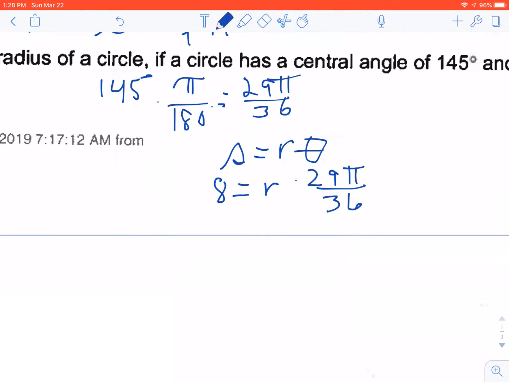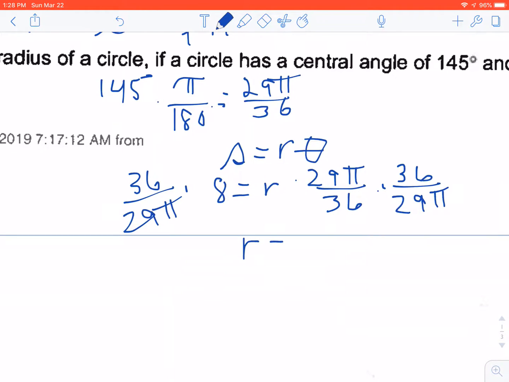The easiest way to solve this is to multiply by the reciprocal. So I'm going to multiply both sides by 36 over 29 pi, and my answer is going to be 3.16 meters. You can just put that in the calculator, 36 times 8 divided by parentheses 29 times pi.